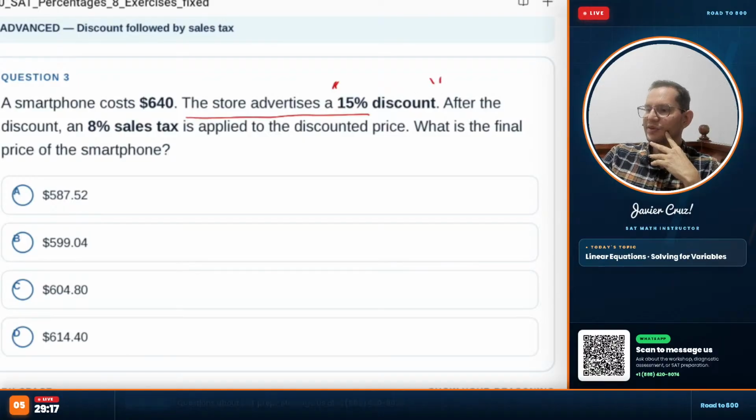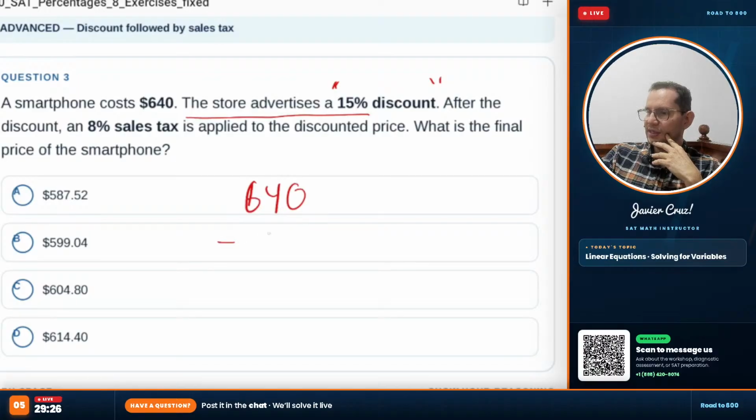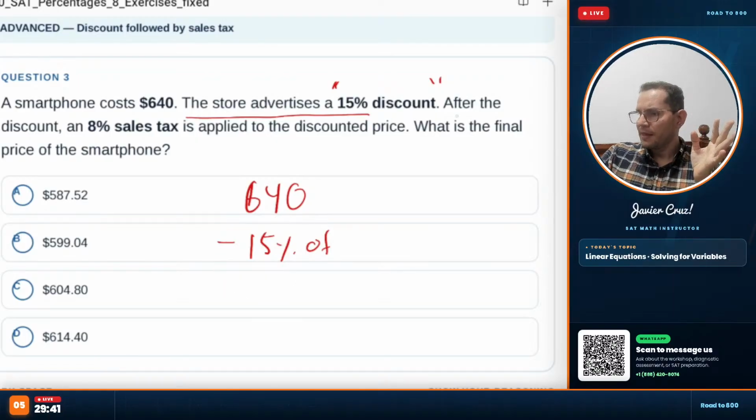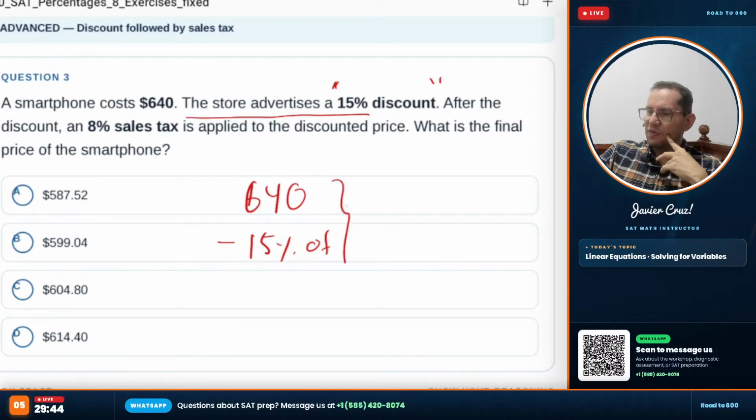So we need to subtract 15% of discount from 640, but it's not 640 minus 15, right? So we need to find the 15%. And let's try it before finding all the problem. What is the 15% of 640?